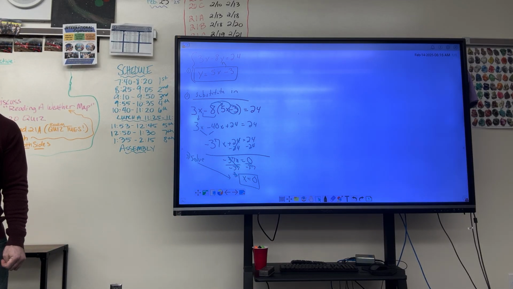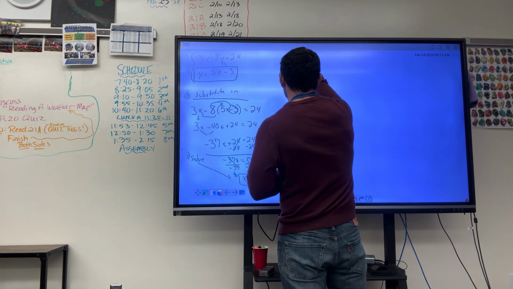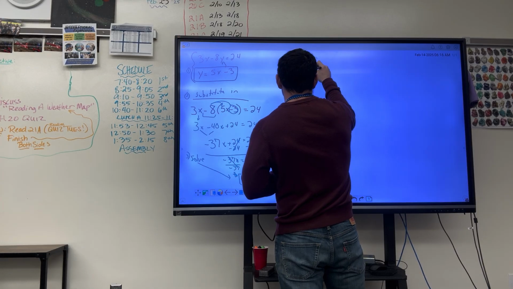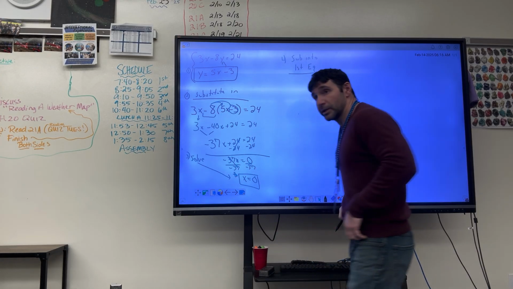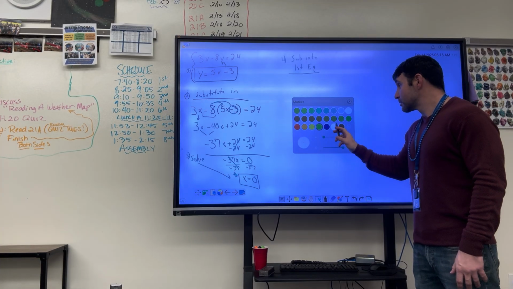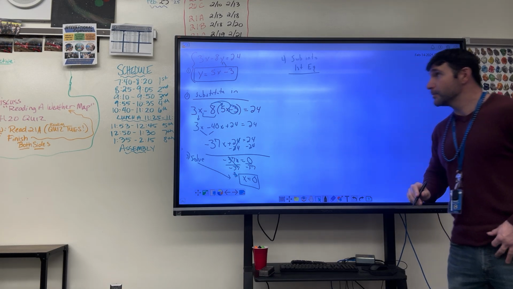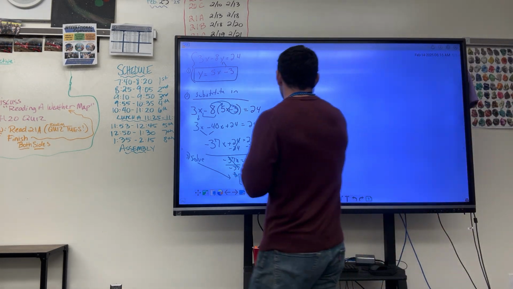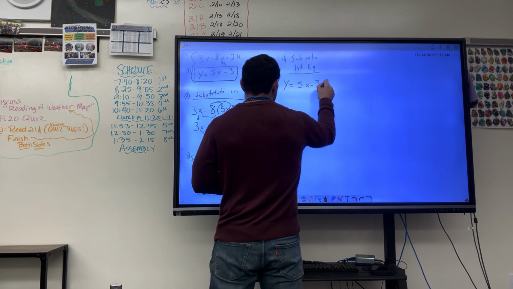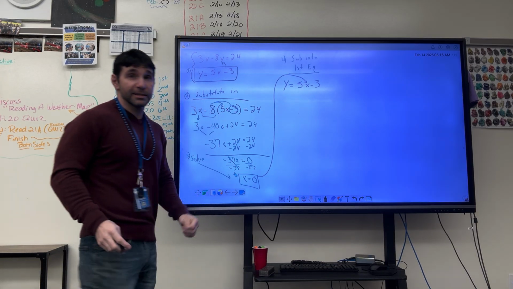Okay. Step 4, sub into first equation. So now we're substituting into the first equation again. The first equation was y equals 5x minus 3. But we now know what x is.